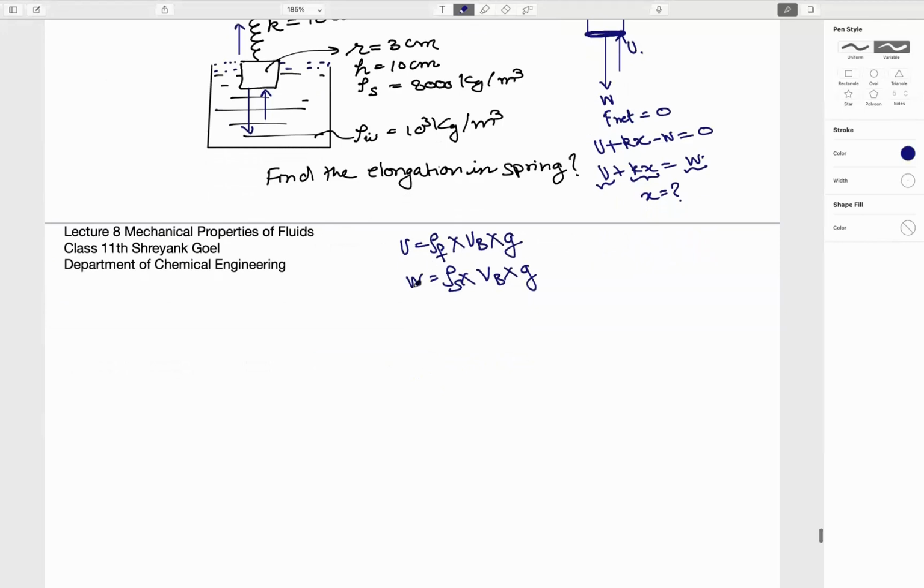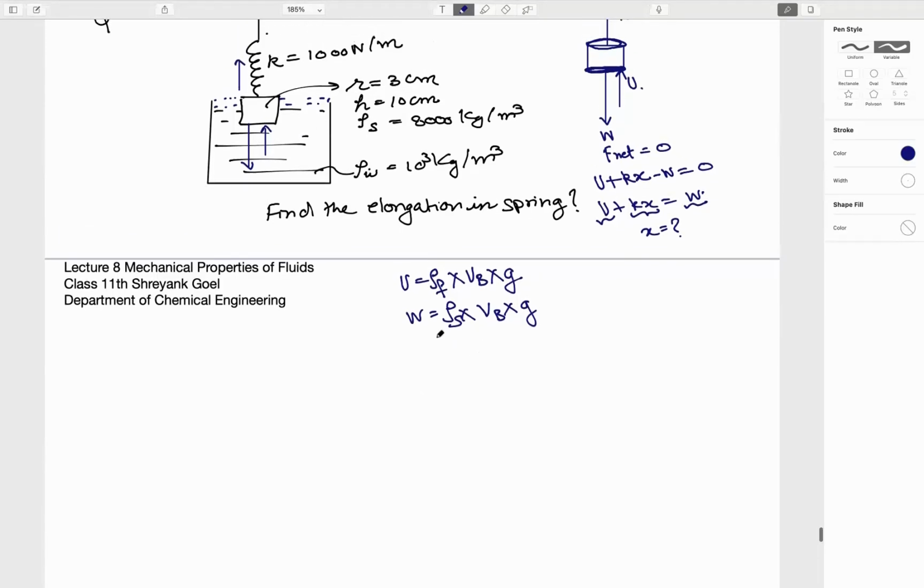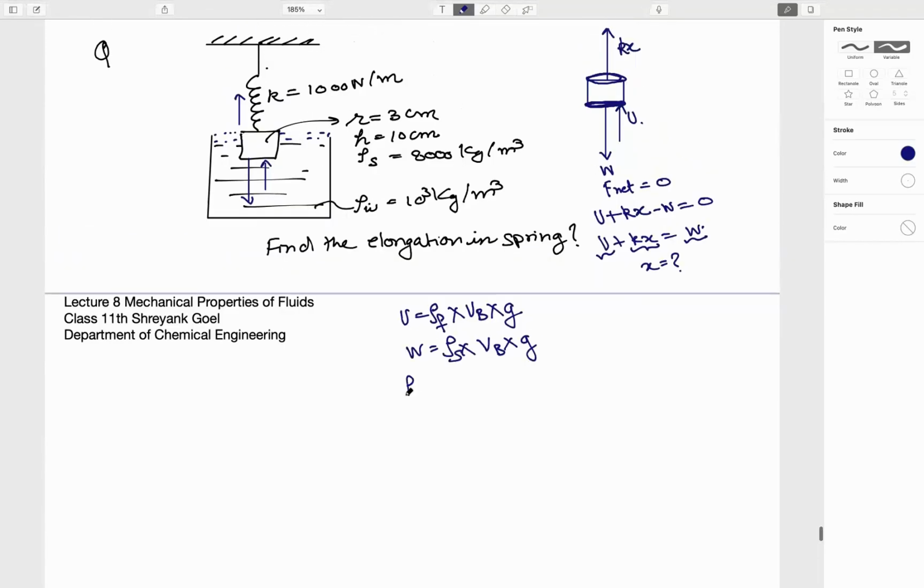I think a similar question came in JEE. Okay, so upthrust is rho F into volume of block into g, plus Kx is equal to rho S into volume of block into g.